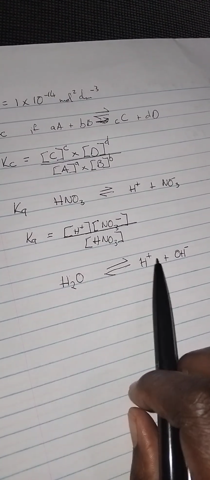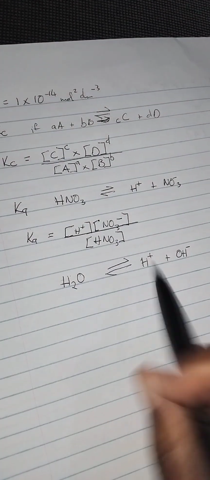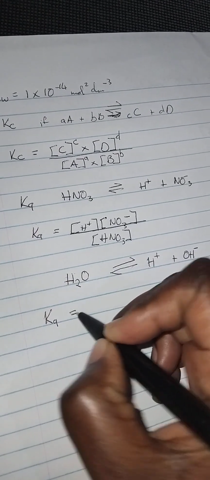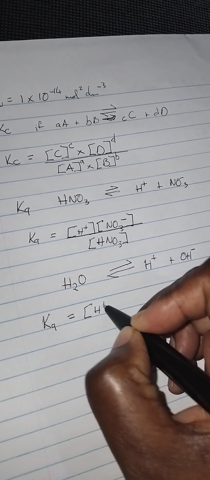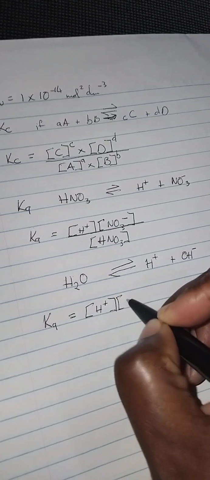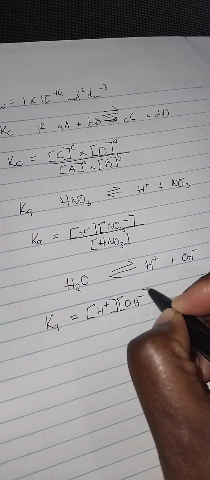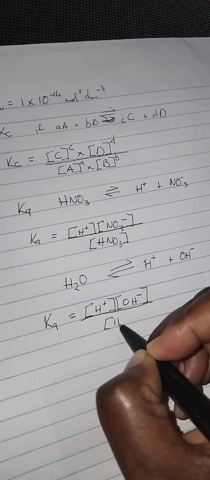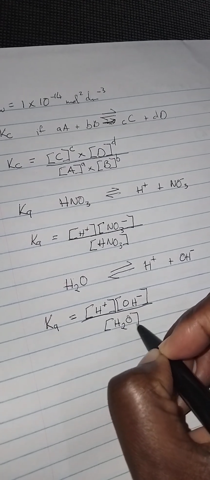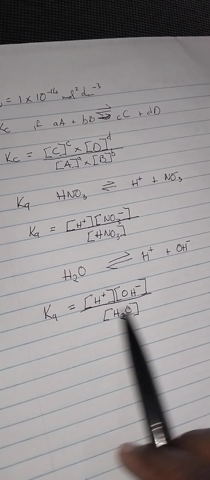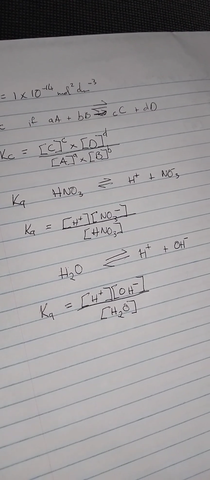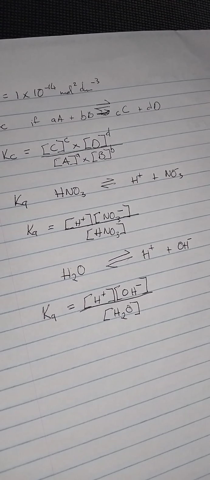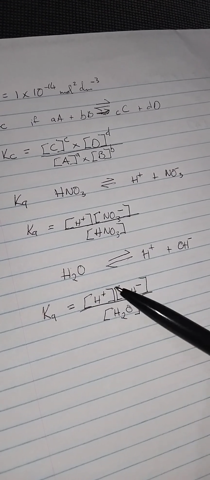So if we are doing our Ka expression, we'd say Ka is equal to the concentration of H plus times the concentration of OH minus, right, over the concentration of water. But we know that we don't consider water in regards to concentrations.